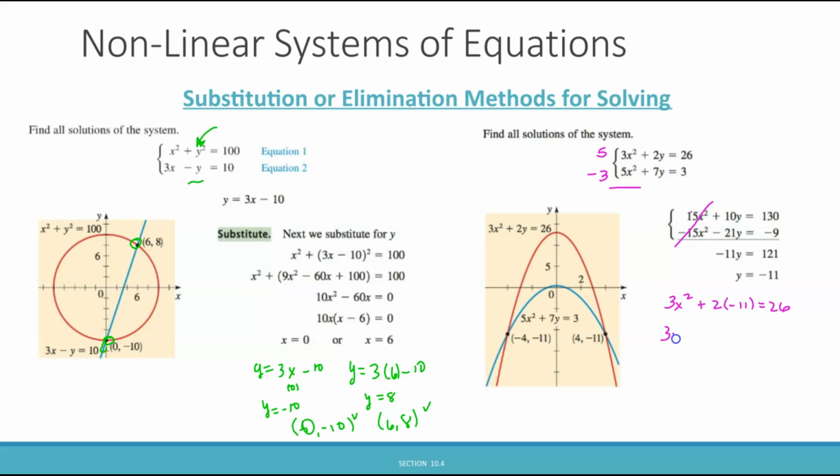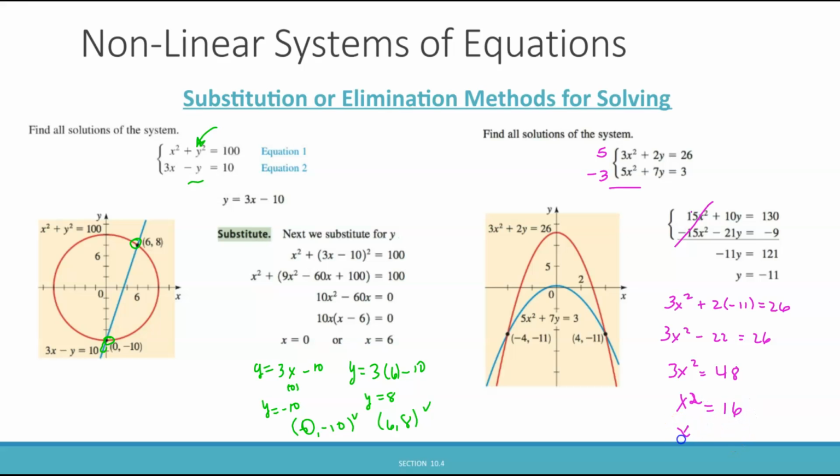That gives us 3x squared minus 22 equals 26. If I add 22 to the other side, 26 plus 22 gives us 48. If I divide by 3, 48 divided by 3 is 16.